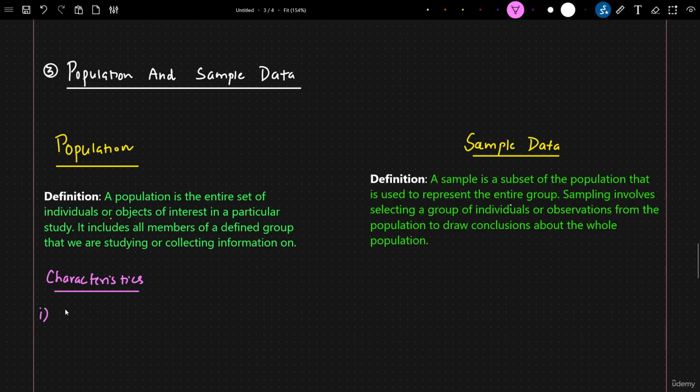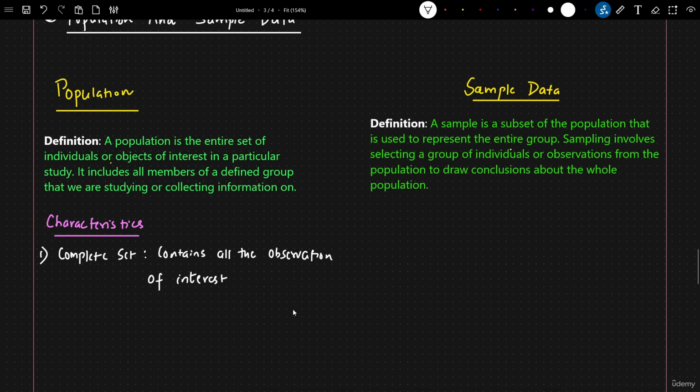The first characteristic over here is that population data basically indicates a complete set, right? It contains all the observations of interest in any specific study you really want to do. So here I will say it contains all the observations of interest.